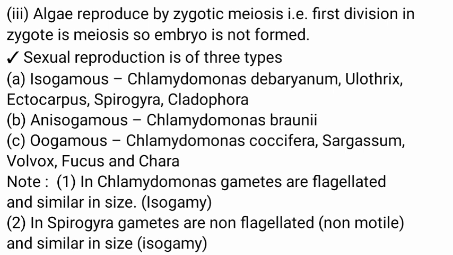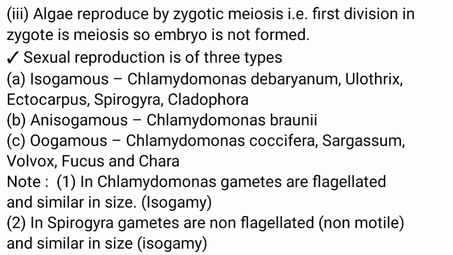Note: in Chlamydomonas species, gametes are flagellated and similar in size, which is called isogamy. In Spirogyra, gametes are non-flagellated, non-motile, and similar in size. It is also the best example of isogamy.